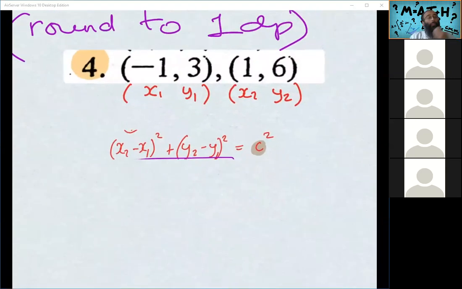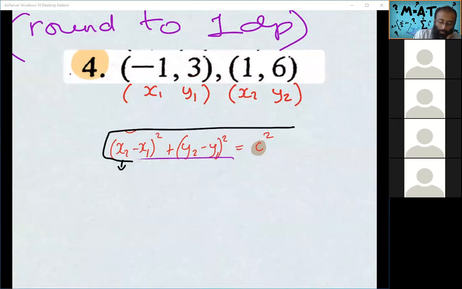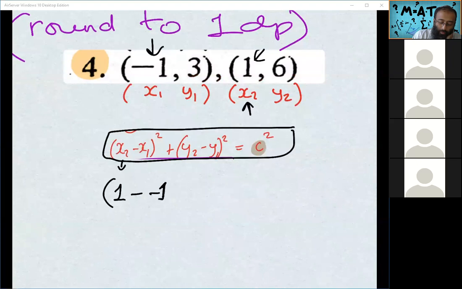Okay, so what we need to do is x2 minus x1. Let's follow our instructions. This is our formula. Here we are. x2 is this one over here, number 1. So we have 1 minus x1, which is over here. Negative numbers, folks, you can't escape them.